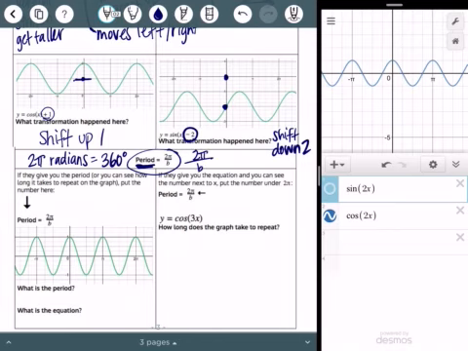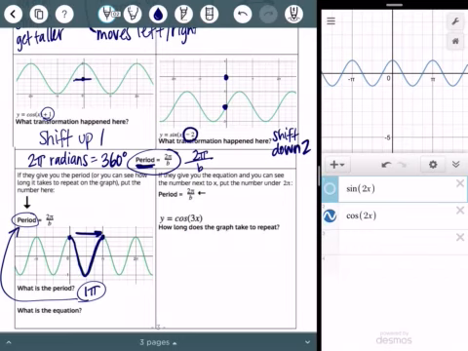So if they give you the period, or if you can see how long it takes to repeat on the graph, you put the number into this section here. So here I can see we start here, it goes down this way, and it comes up here. So I could say that the period, it says what's the period? The period is pi, because it's going from 0 to pi. Right?